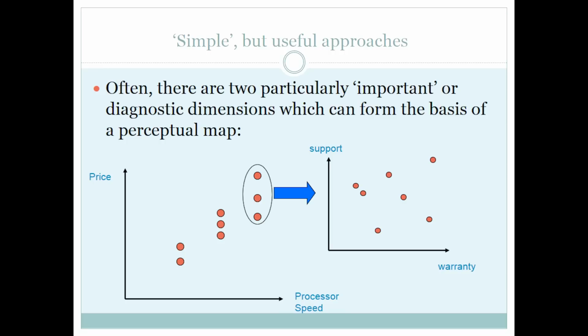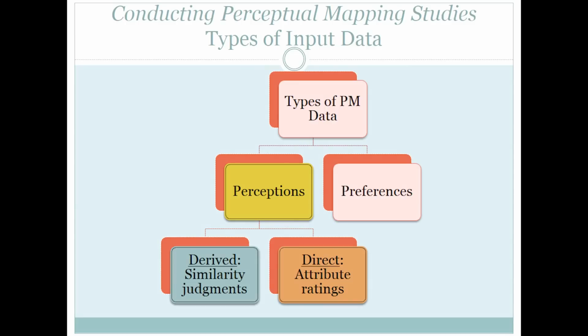So we're often trying to take these complex notions and reduce them down to two-dimensional or multidimensional charts where we can see from the space where the markets might exist and where people's current perceptions are. Then we're trying to move from where we are to where we would like to be within that space. There are different types of input data. Sometimes the data are perceptions and sometimes they're preferences, right?